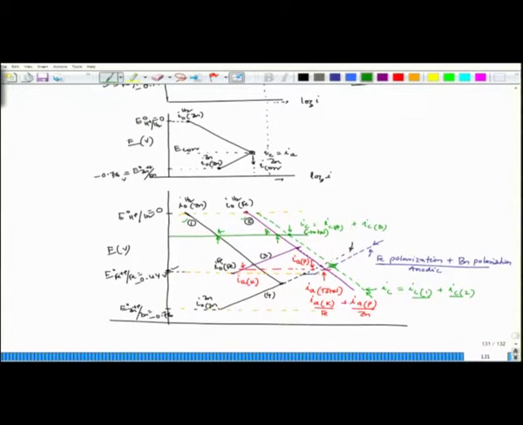Now, at this point I C total equals I A total when they are combined. So, this plot is basically when they are clubbed, they are joined. Iron and zinc are forming a galvanic couple.